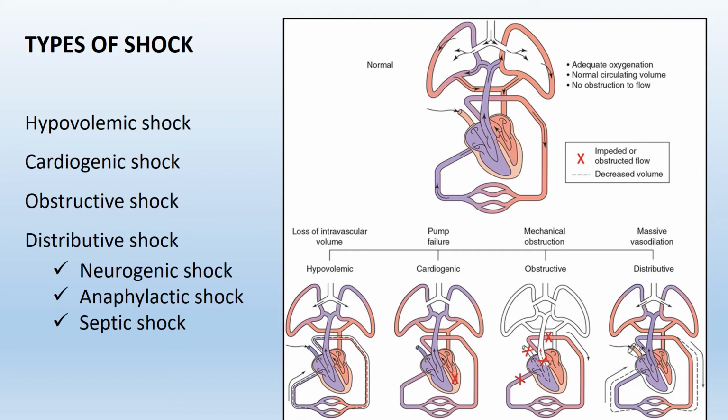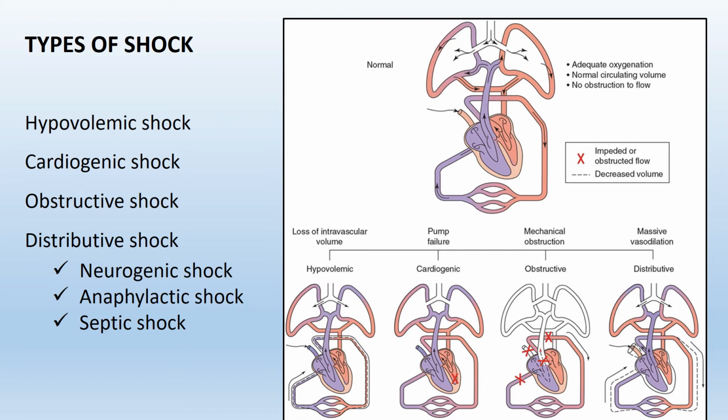In obstructive shock, there is a mechanical obstruction of flow of blood through the central circulation, such as in the aorta, heart, and lungs. See the third image on the bottom. Notice the red X's that are showing possible sites of blockage. Obstructive shock can be due to cardiac tamponade, a pneumothorax, which is air in the pleural space, but the most common cause is pulmonary embolism.